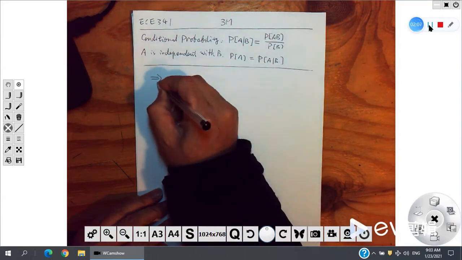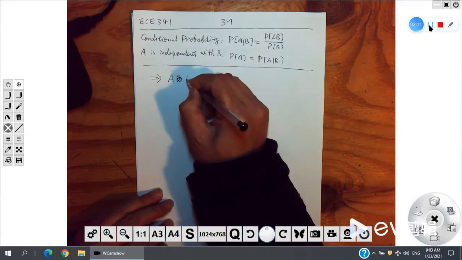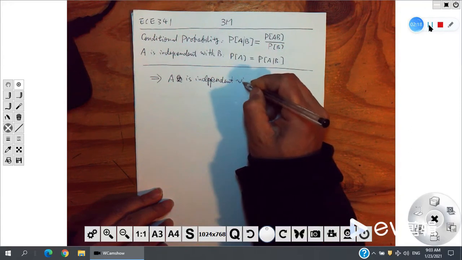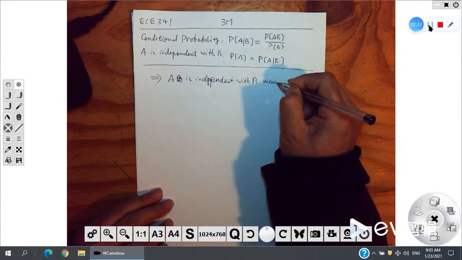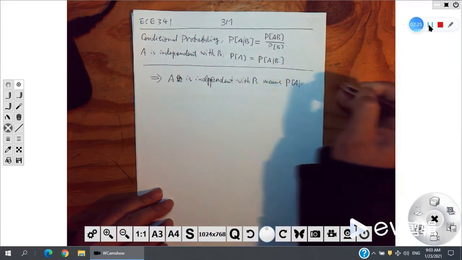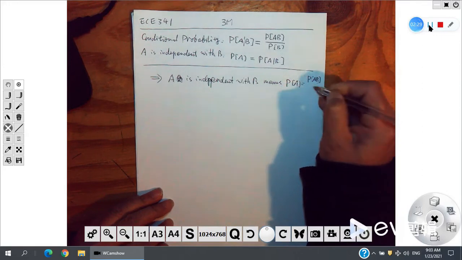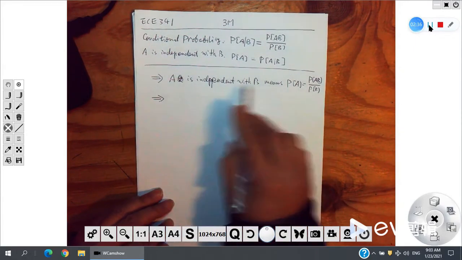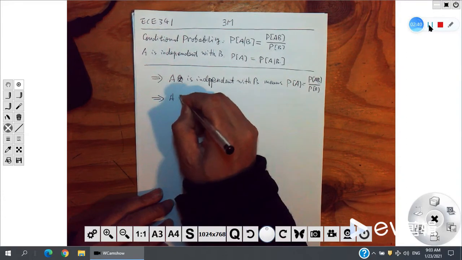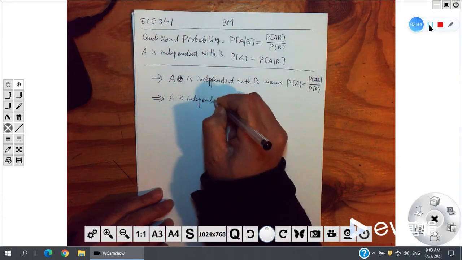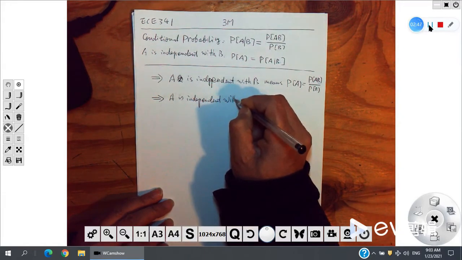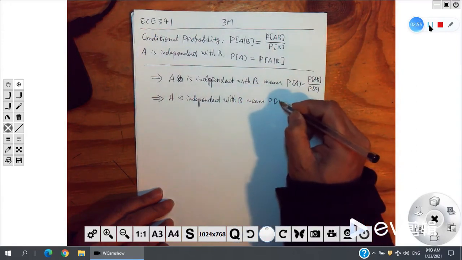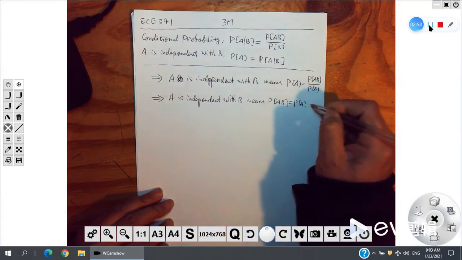So we say A is independent with B means the probability of A equals the probability of A intersection with B over the probability of B. And so A is independent with B means P(AB) equals P(A) times P(B).